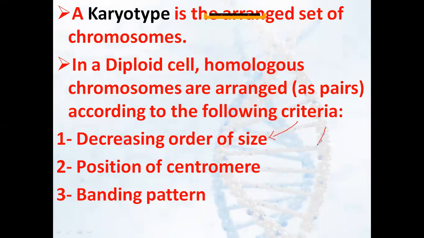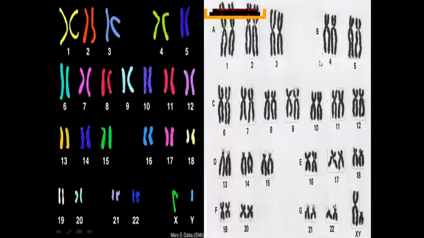Second, according to the position of the centromere. The centromere is the attachment site. Third, according to the banding pattern, the bands and the genes that are found on this chromosome. These criteria you have to study. The chromosomes in a karyotype are arranged according to decreasing order of size, position of the centromere, and the banding pattern. This is the karyotype.